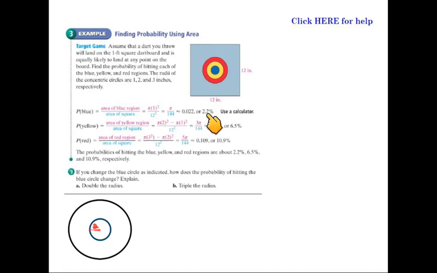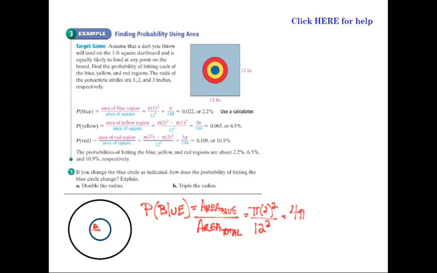If we double that, so double the radius, instead of 1, it's 2, and we do the same thing. The probability of blue is the area of blue over the total area. And so area is pi r squared for a circle. That becomes 4 pi over 144, or around 0.087. And that, if we look back up here, compared to 0.022, is about 4 times as much.